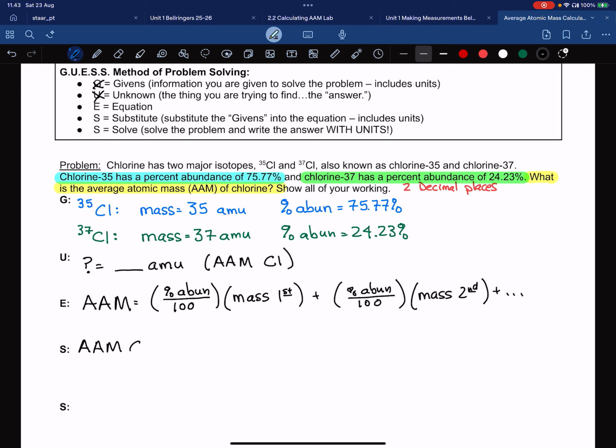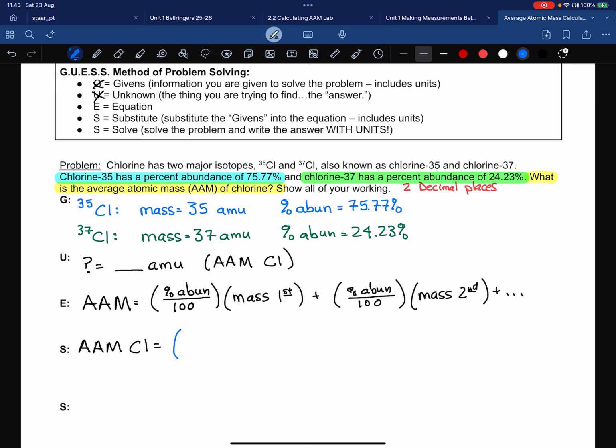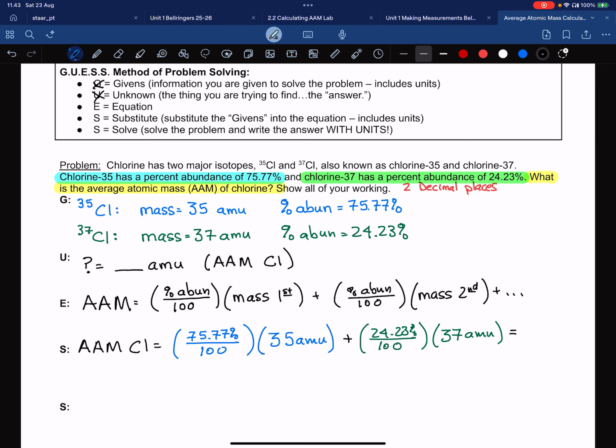So the average atomic mass of chlorine is going to be the percent abundance of 35, which is 75.77%, divided by 100, multiplied by the mass, which is 35 AMU, plus the percent abundance, 24.23%, divided by 100, multiplied by 37 AMU, and you're going to put it into your calculator exactly like that.